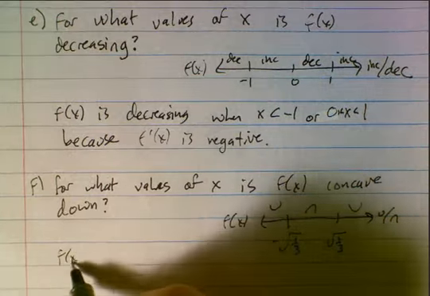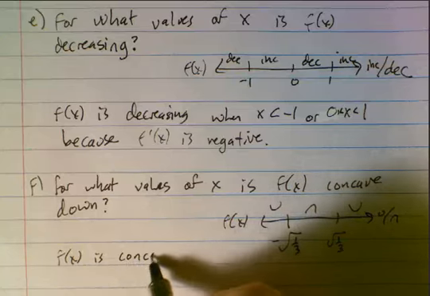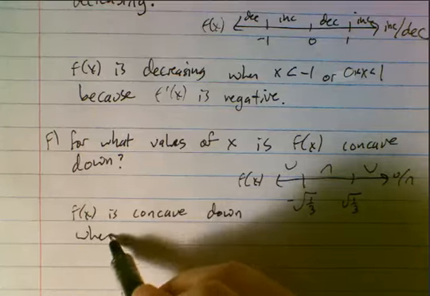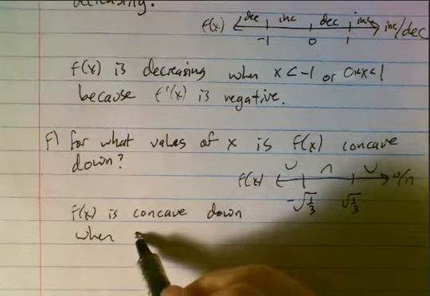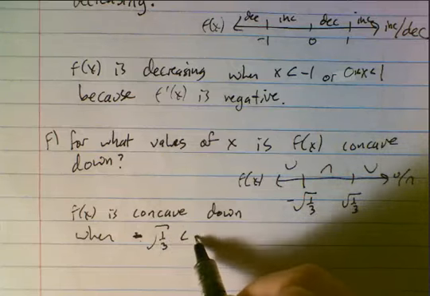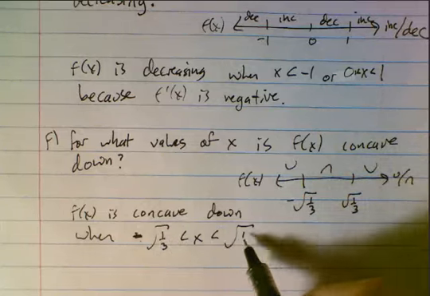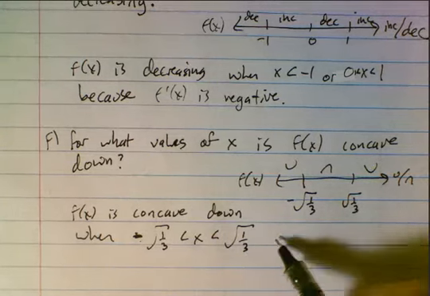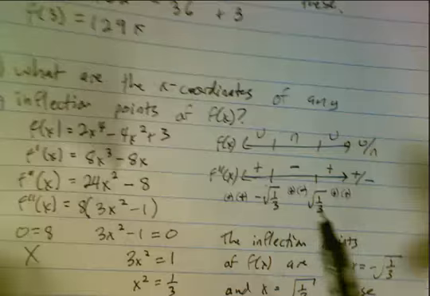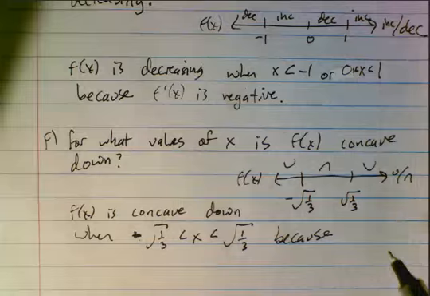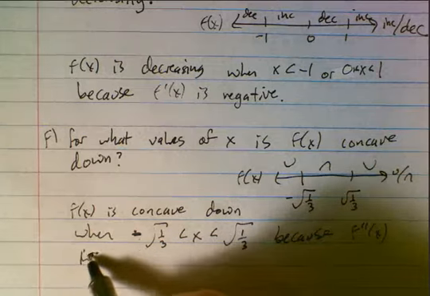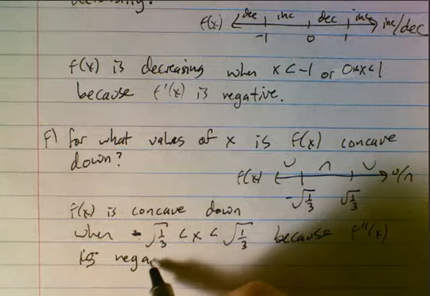So we can say f of x is concave down when x is between negative root 1/3 and positive root 1/3, because, remember how we figured that out, f double prime of x is negative.